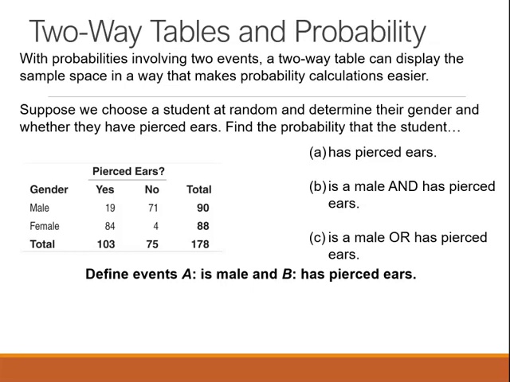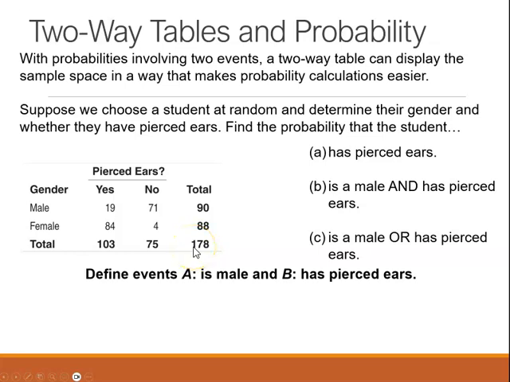So an example here, say we have this two-way table and we're choosing a student at random. Find the probability that a student has pierced ears. What would the probability for that be? 103 out of 178. So we have a total of 103 students with pierced ears, 178 total students.